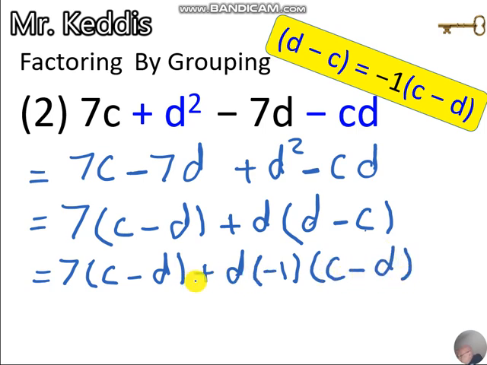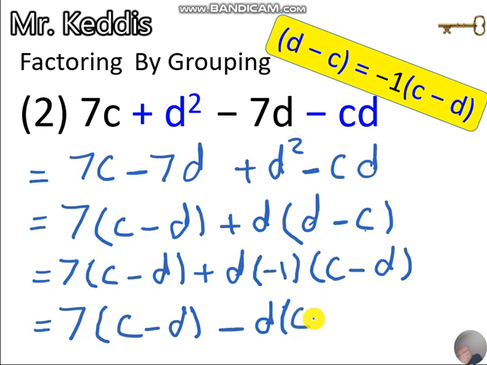Negative times positive became negative. Equal under equal, 7 under 7, this is c minus d. Negative times positive, I get negative d times (c minus d). You have c minus d as a common factor.